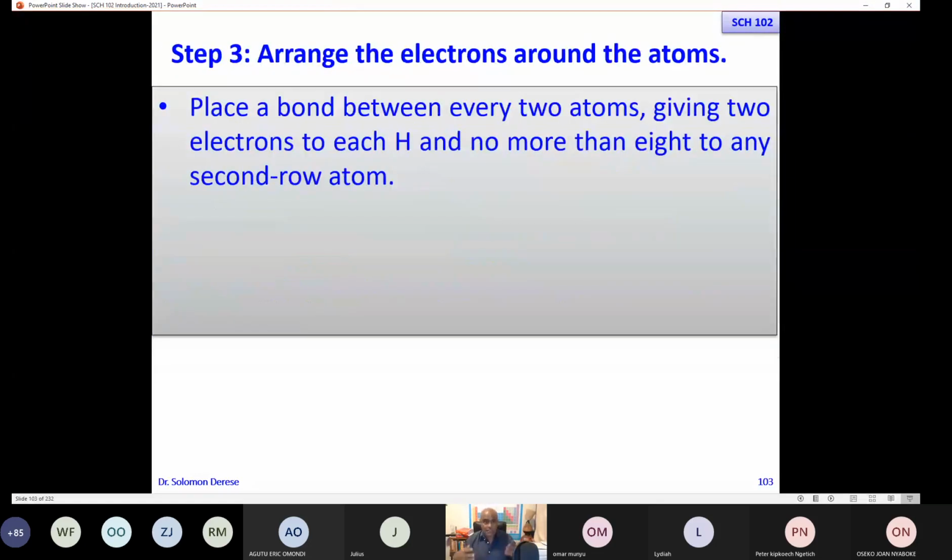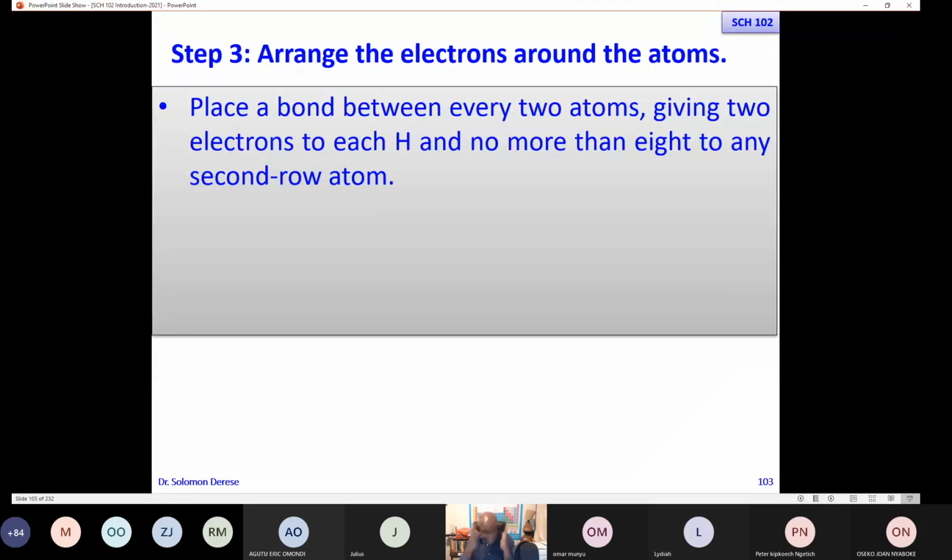Okay, so the next step is to arrange the electrons around the atoms. The first thing you have to do is form a single bond between the atoms that are arranged. You place a bond between every two atoms in that particular molecule.